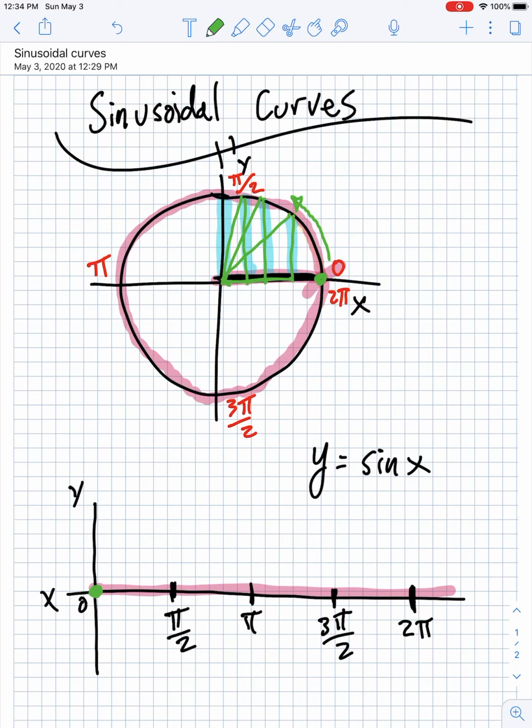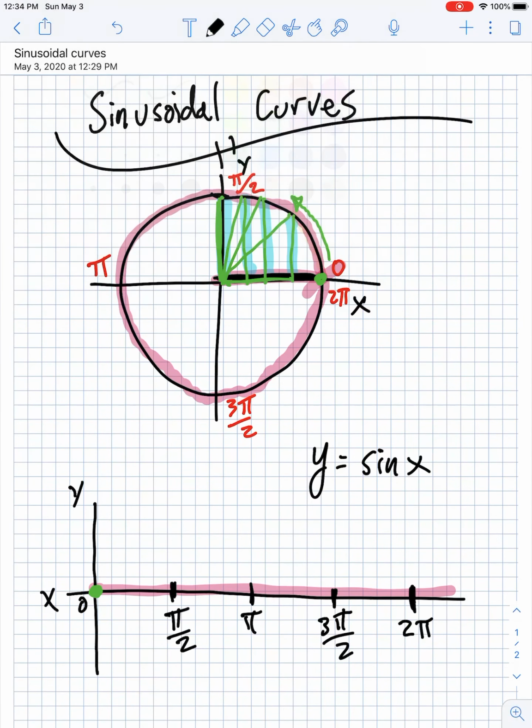A lot of people wonder how tall the triangle is at the top. Don't forget that it's a unit circle, which means it has a radius of 1. So when you have a super skinny triangle up at the top at pi over 2, that triangle has a height of 1. So as sine travels from 0 to pi over 2, it grows from 0 to 1.